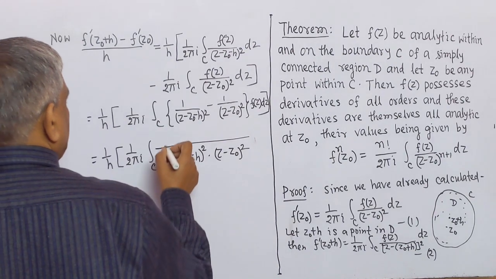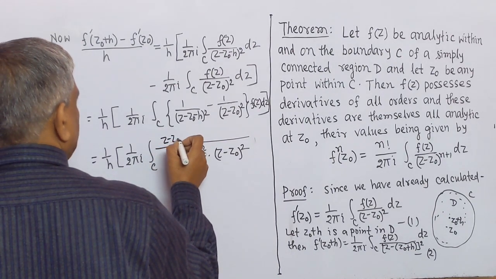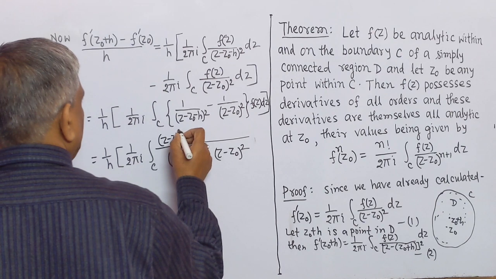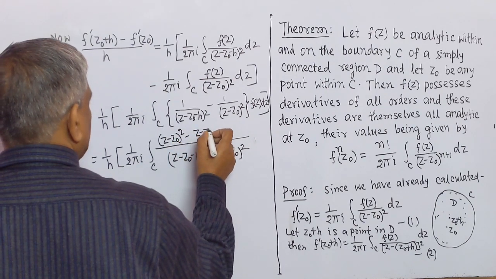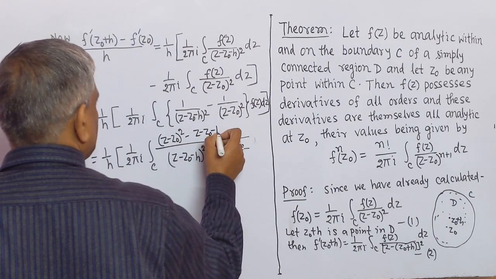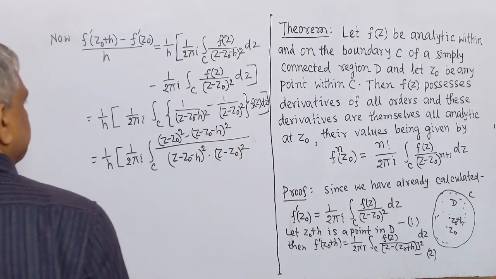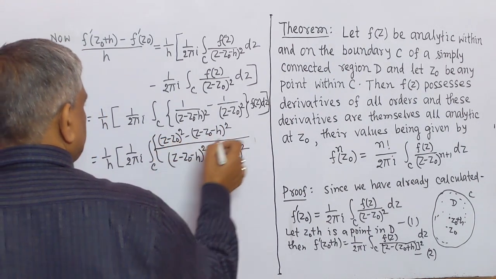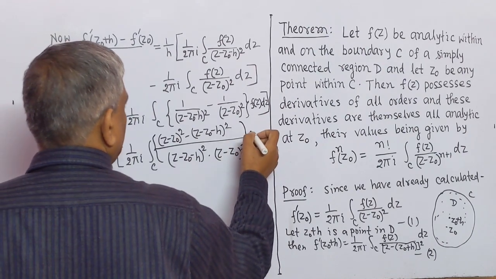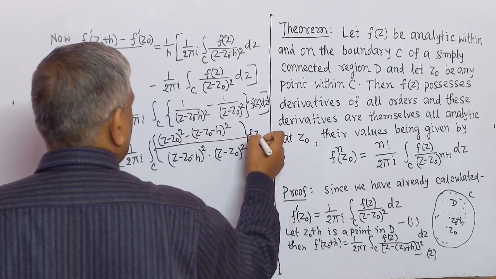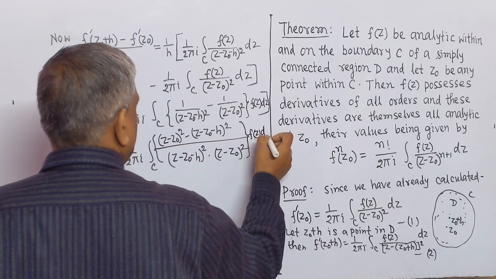In the numerator, (z minus z naught) whole square minus (z minus z naught minus h) whole square, times f(z) dz.